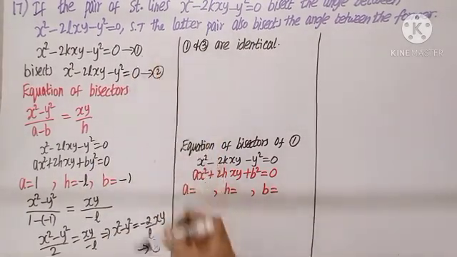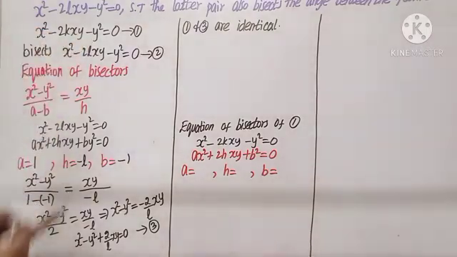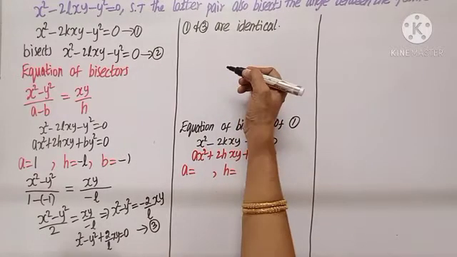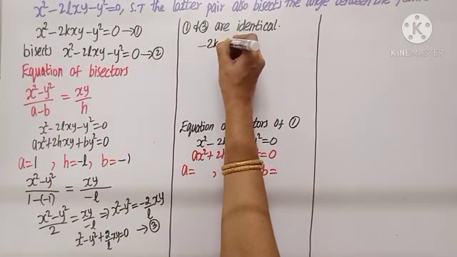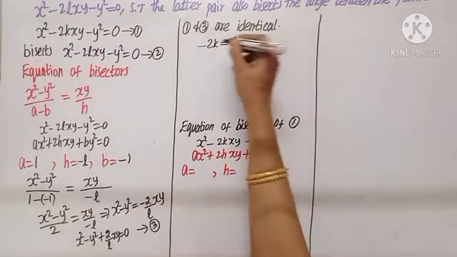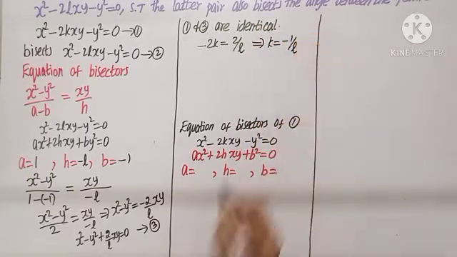So let me compare 1 and 3. X square same, minus y square same. Here I have minus 2k xy, here I have 2 by l xy to the same side. So as I compare this xy coefficient, I get minus 2k equals 2 by l, and 2 cancels, k equals minus 1 by l.